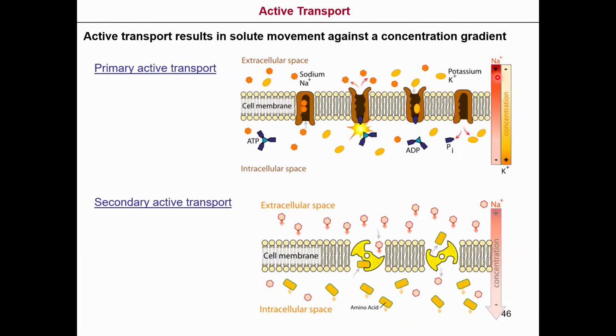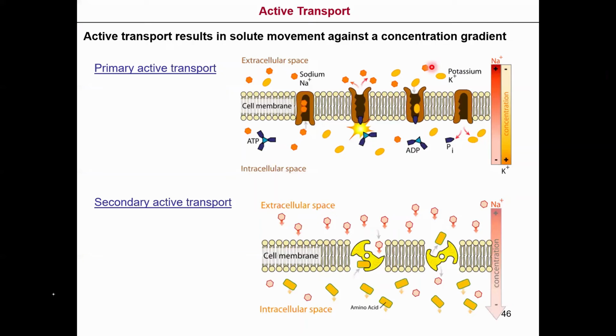Because you transport something against a concentration gradient, for example, potassium, from low concentration to high concentration, you need energy.